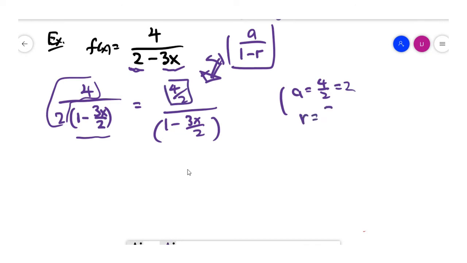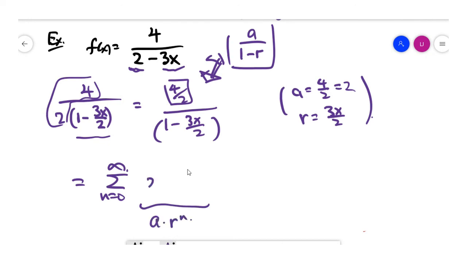The r is actually 3x over 2, which is the ratio term. So I can directly use the summation notation for the answer. Inside the summation should be a times r to the power n. So a is 2, and r is 3x over 2, the whole thing to the power n. And basically, that's the end of this problem.